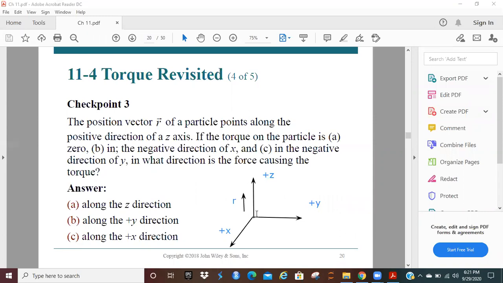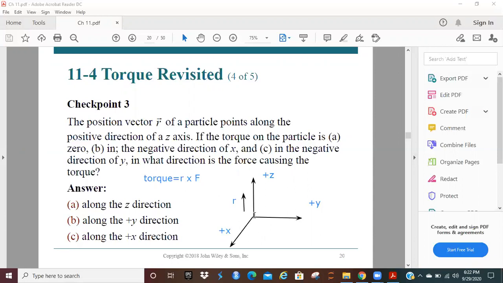If the torque on the particle is going to be 0, then according to the definition that we had earlier of torque, R is pointing this way.